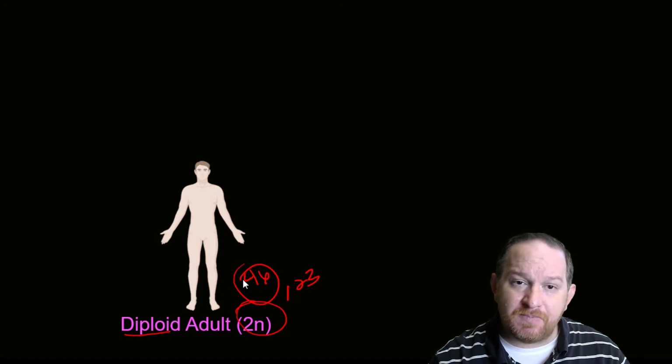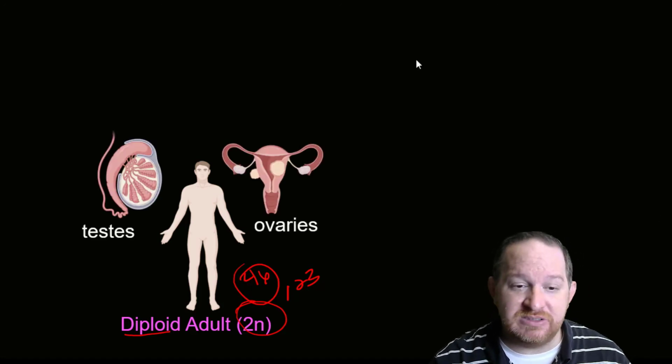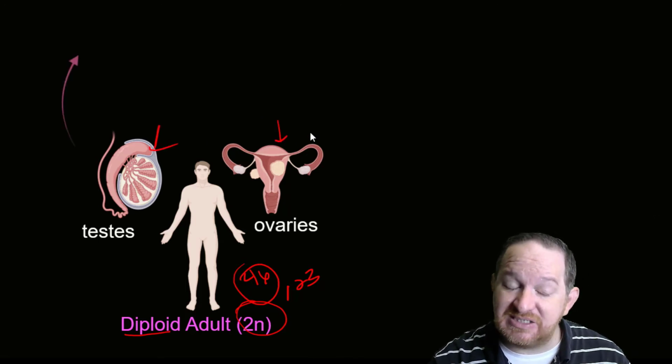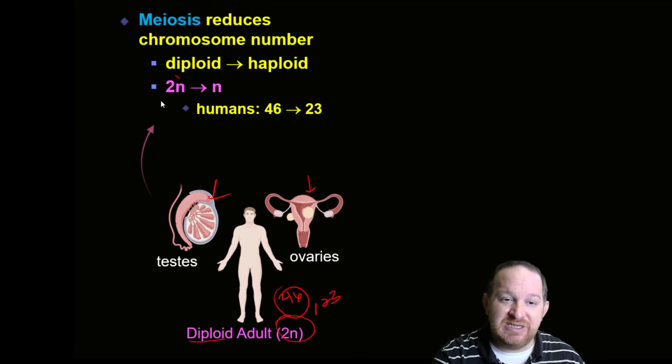Now, what happens then, of course, is in the male testes and the female ovaries, sperm and eggs are produced. That process of producing the sperm and the egg is called meiosis. So we take our diploid number, 2 times our number, and cut that in half to N. So for humans, that's 46 down to 23.